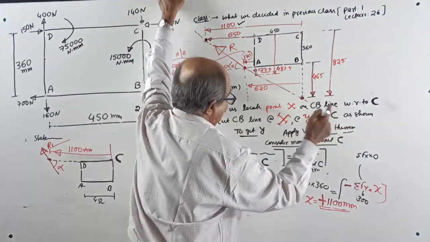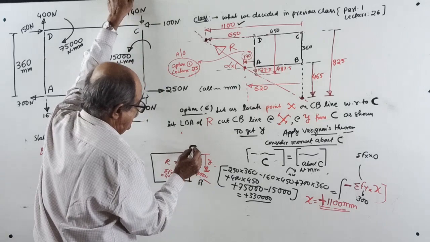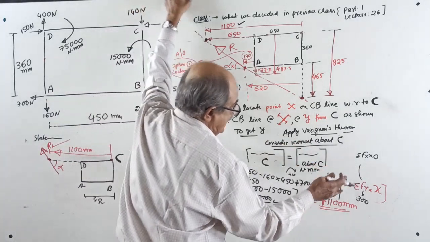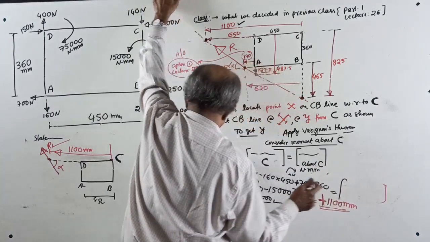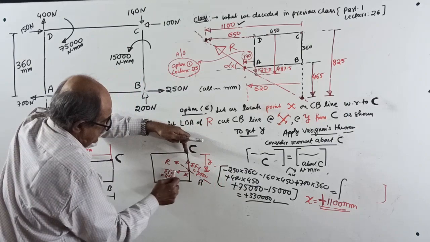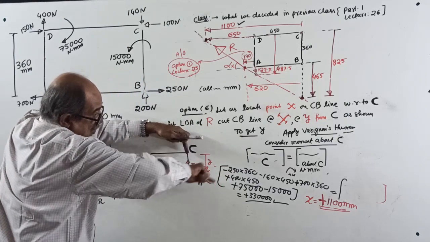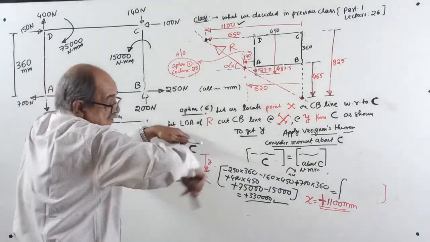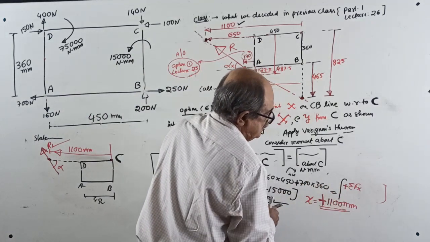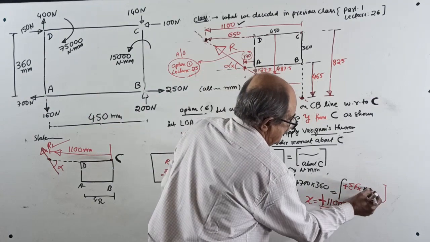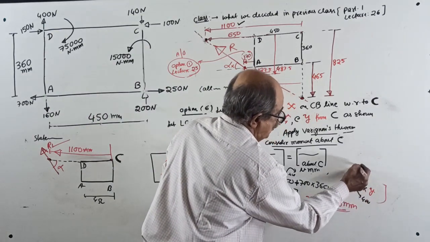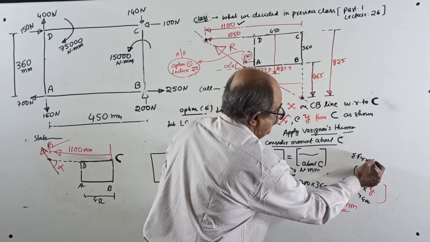Apply Varignon's theorem, once again moment about C only. Why? The reference is point C, so this will remain the same, but that will change now. Because when you take moment about C, sigma Fx into Y is clockwise, plus sigma Fx into Y. Sigma Fx is 400, and note, sigma Fy into 0.